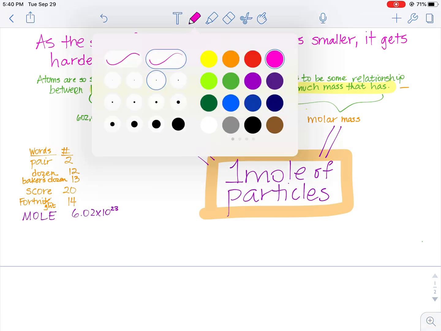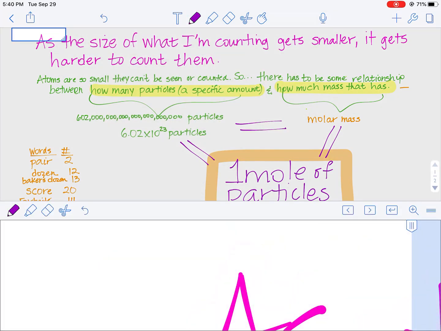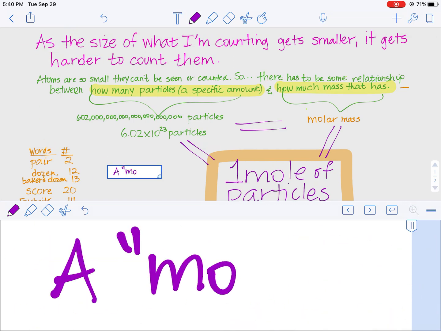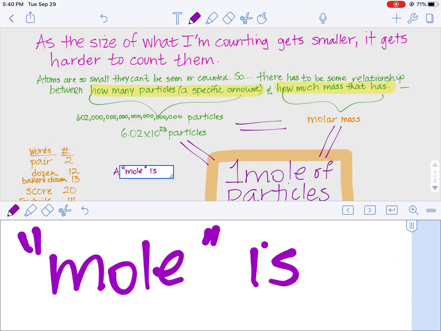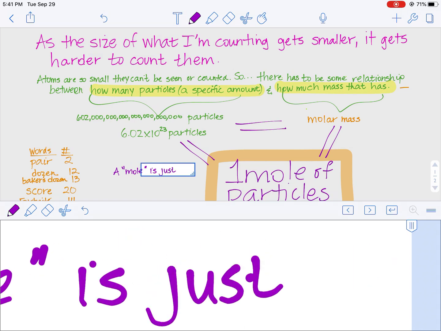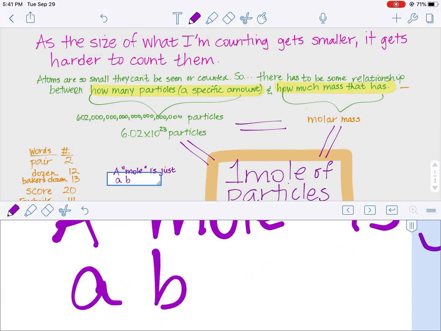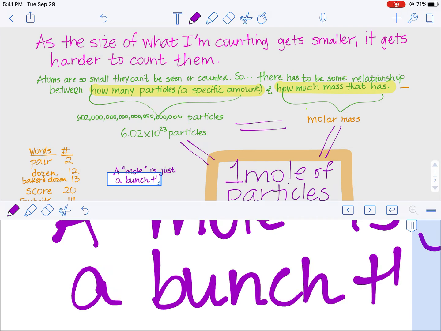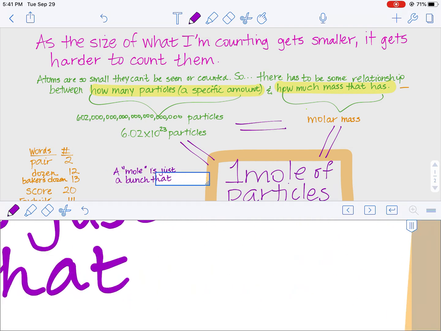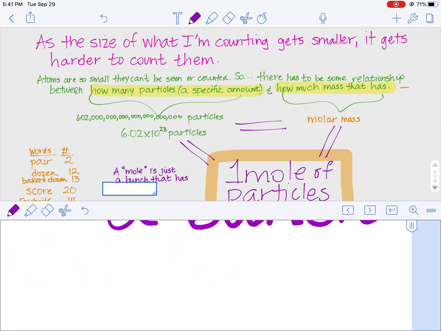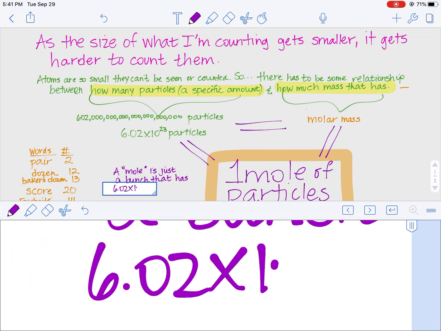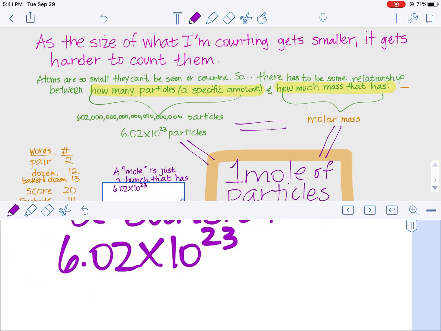So it's really important for you not to get bogged down by the words. A mole is just a bunch that has 6.02 times 10 to the 23rd things in it.